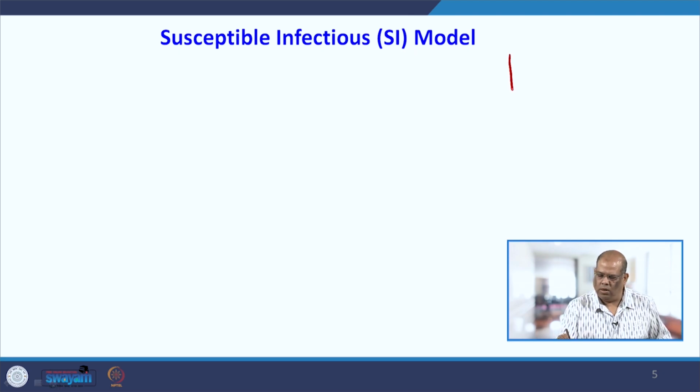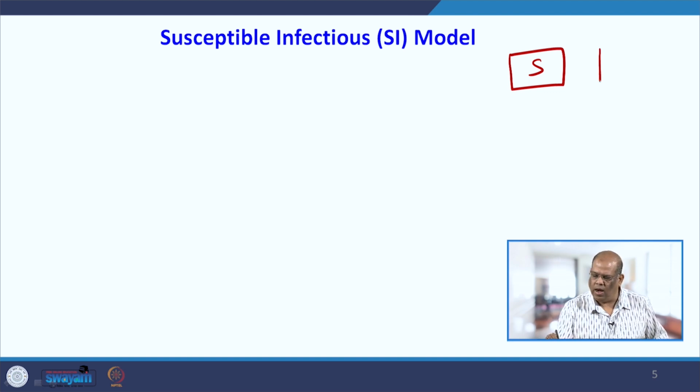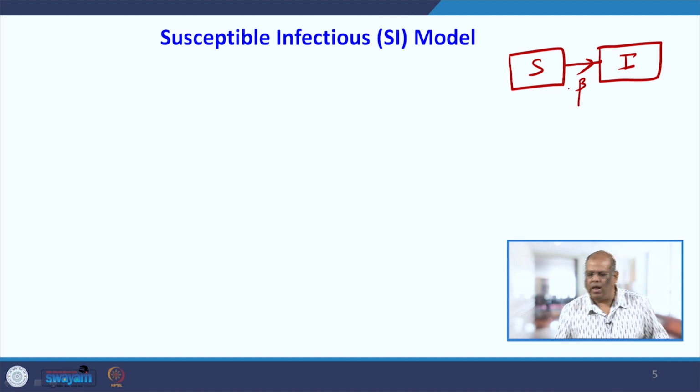The susceptible ones are the ones who are vulnerable to the disease, and the infected ones are those who have been infected. If I connect these two compartments by some beta, it means that when an infected person comes in contact with a susceptible, they get infected.